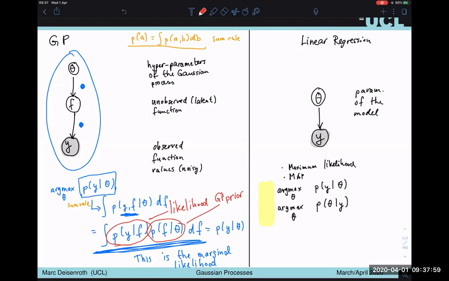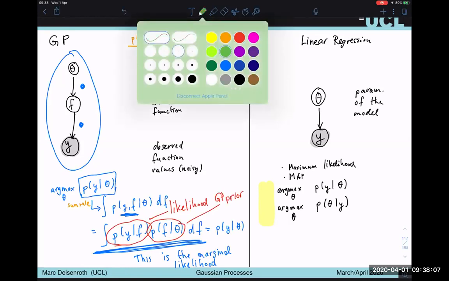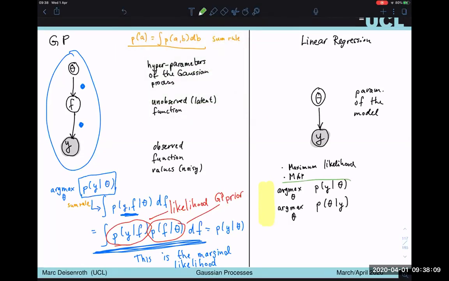So now maximizing the marginal likelihood. The equation is exactly the same, but it's not quite maximum likelihood.